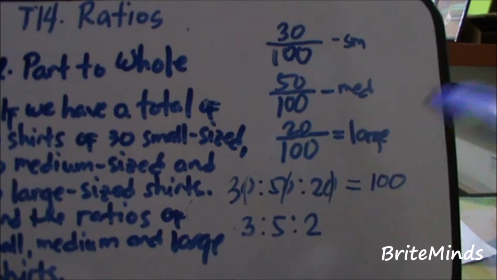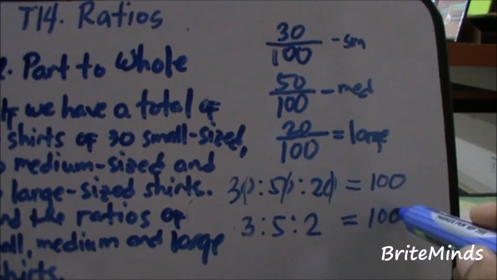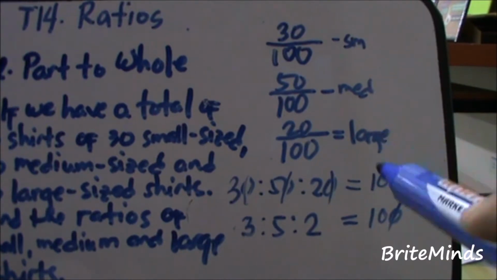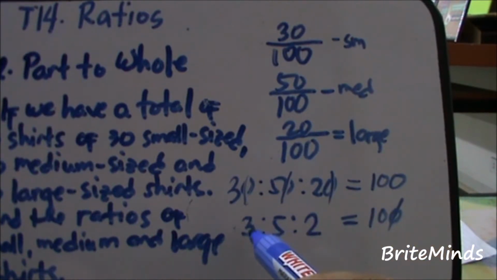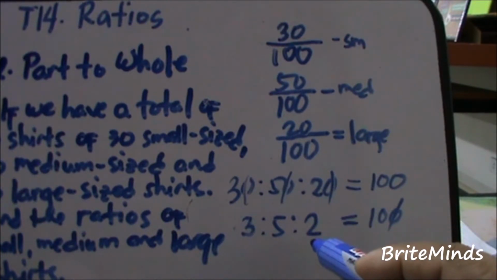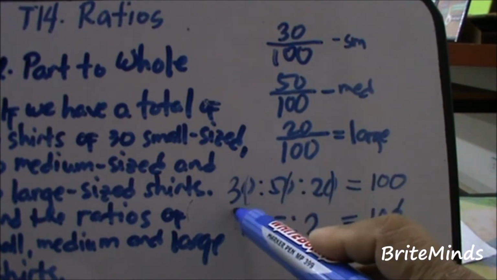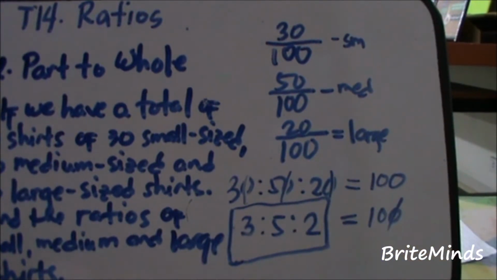So it means that for every 10 pieces of shirts, there are 3 small size, 5 medium size, and 2 large size. So our ratio is 3:5:2.